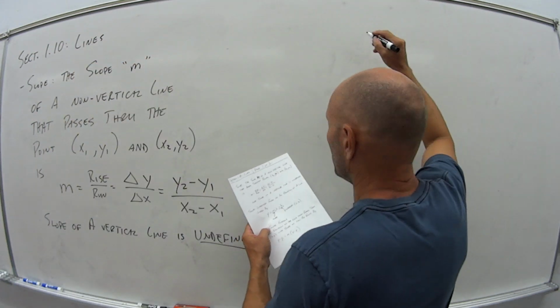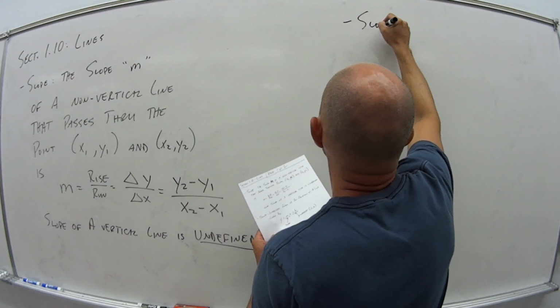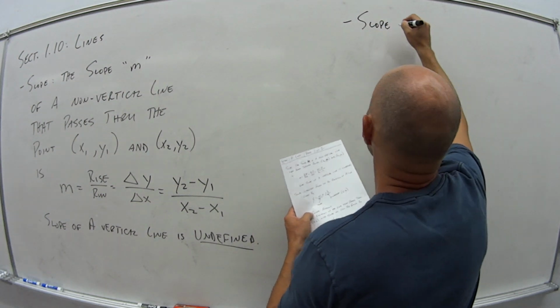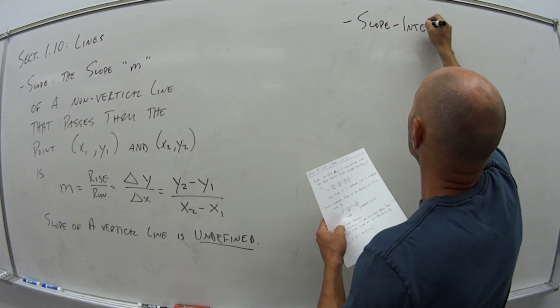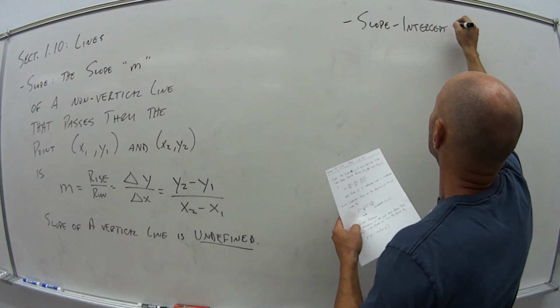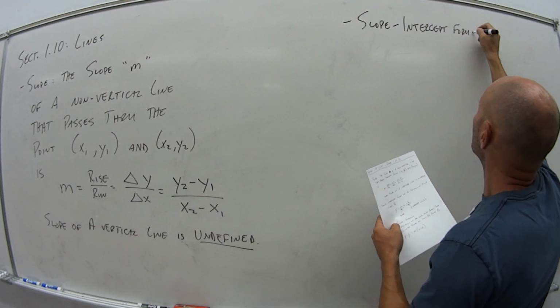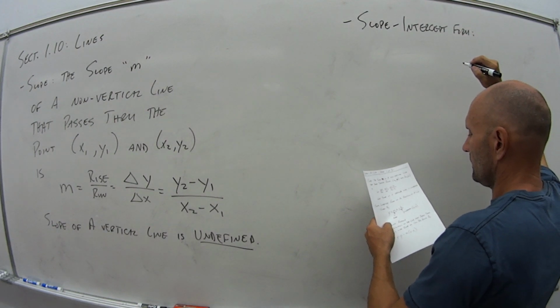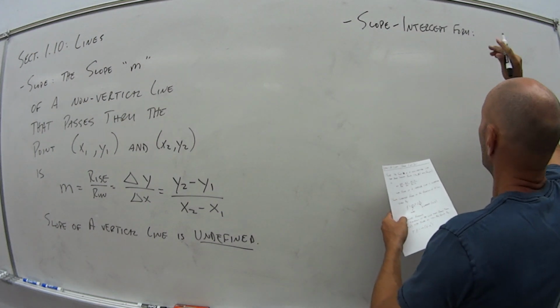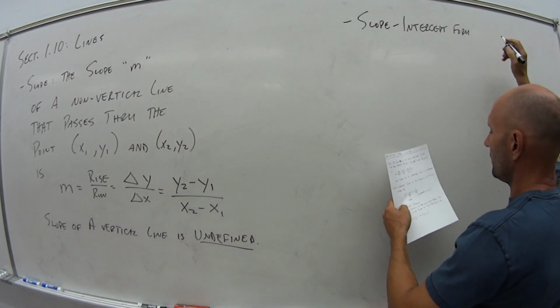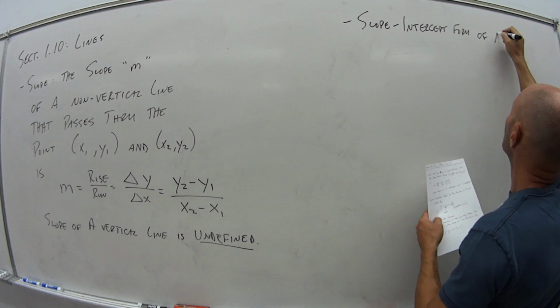Next equation is what's known as the slope-intercept form of an equation of a line.